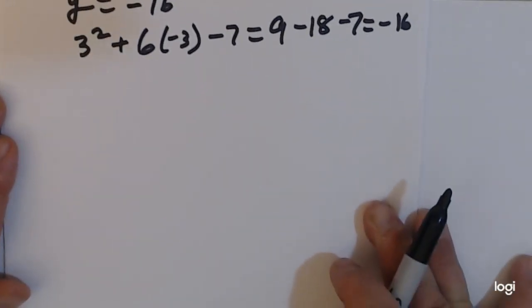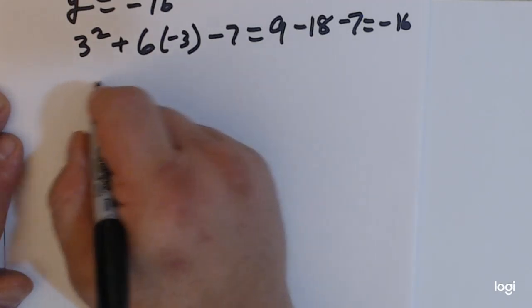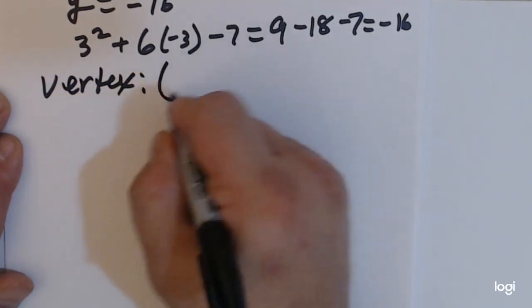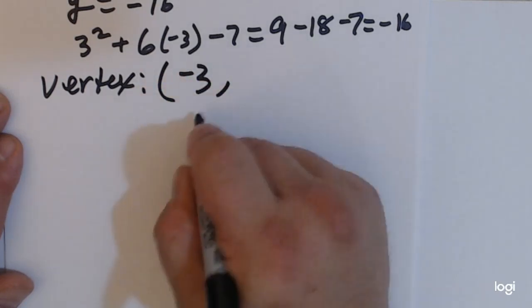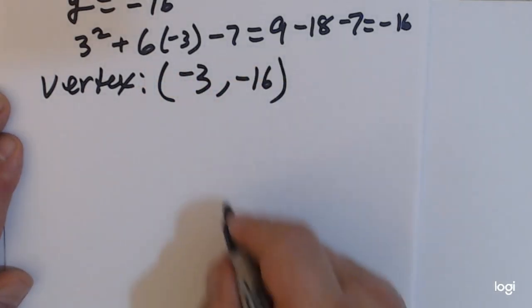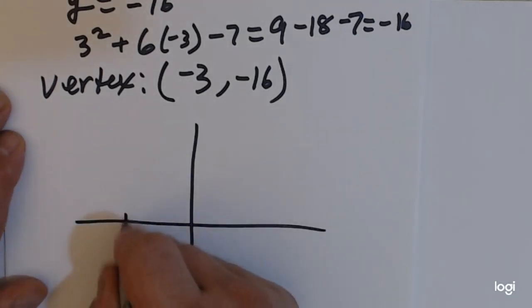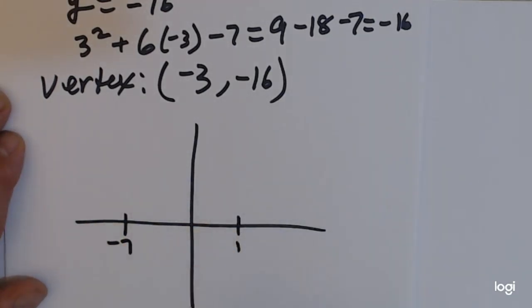So the vertex is negative 3 comma negative 16. And the two x-intercepts are 1 and negative 7. So here's negative 7, here's 1, and we'll make this negative 3.